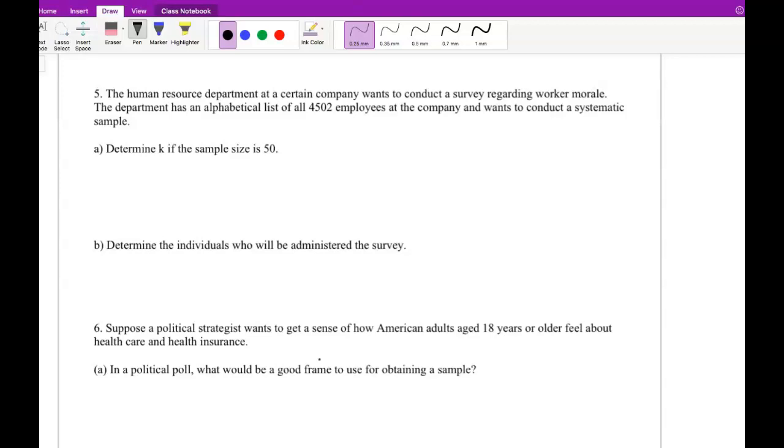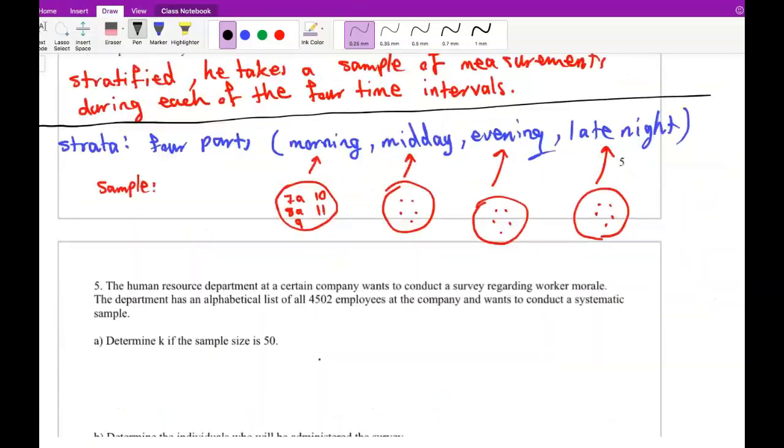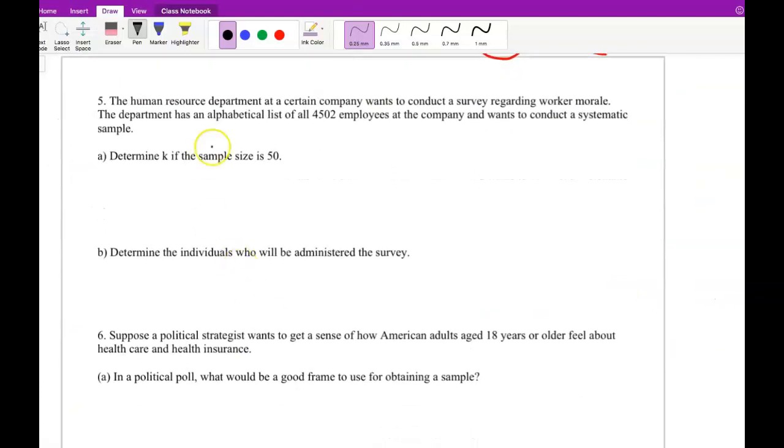Okay, next part. This was example number 4. Okay, example number 5. The human resource department at a certain company wants to conduct a survey regarding worker morale, and the department has an alphabetical list of 4,502 employees at their company and wants to conduct a systematic sample.